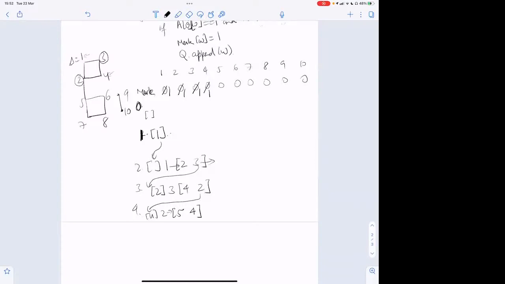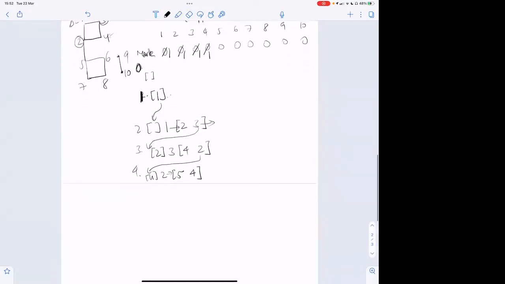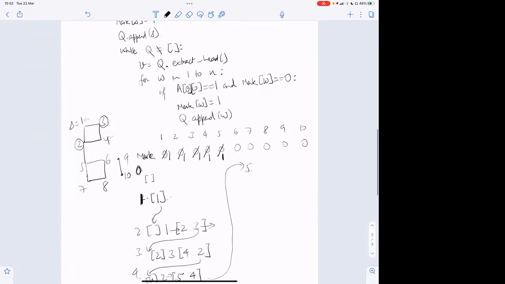Okay. So 5 and 4. And now what happens? Let me draw it here. In the 5th time step, 5 is marked. Correct? In the 5th time step, I look at the neighbors of 5. I will go through all the vertices, but the things that go through this if statement are only the unmarked neighbors of 5, which are 6 and 7.